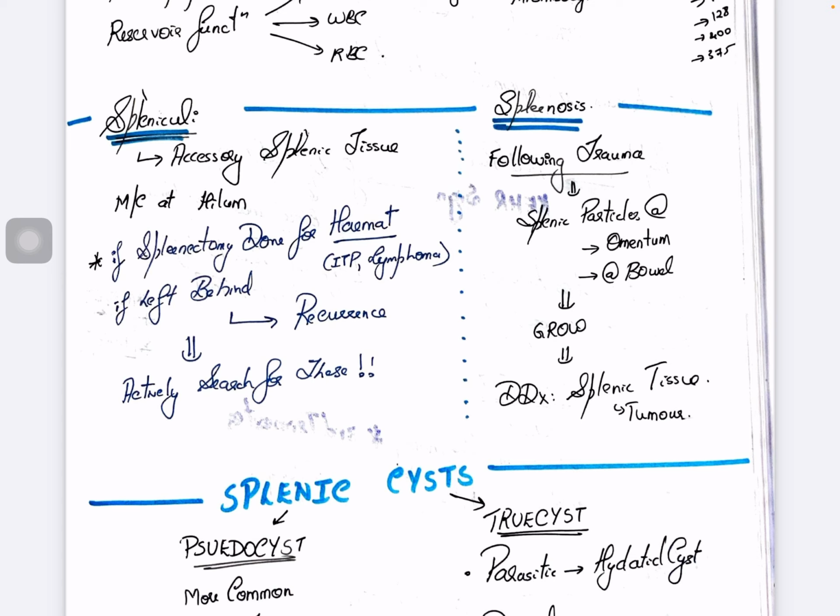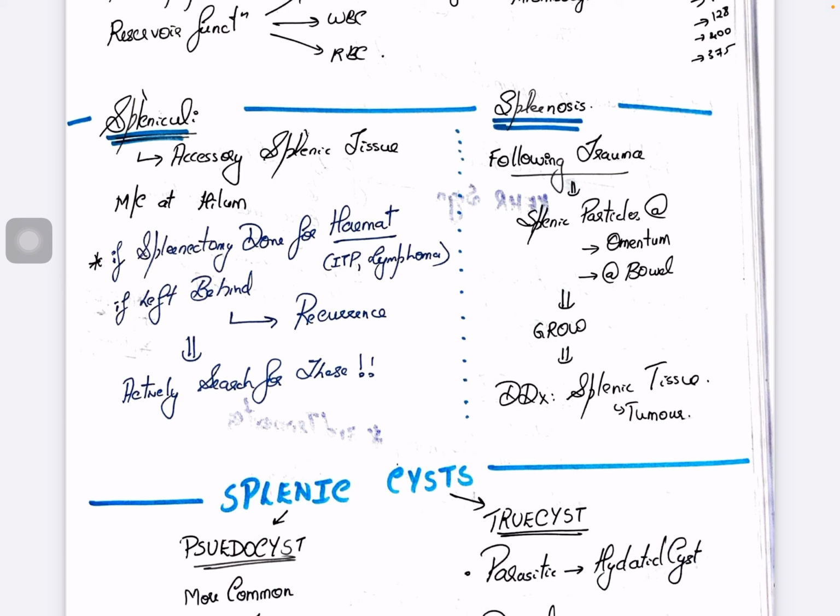So cover this. In the hilum, whenever we have any hematological conditions, we should actively search, because in case it is left behind, it can lead to recurrence. A very close differential diagnosis is splenosis, which is splenic tissue found in other places, splenic particles present in other places following trauma. Okay, so spleniculi done.